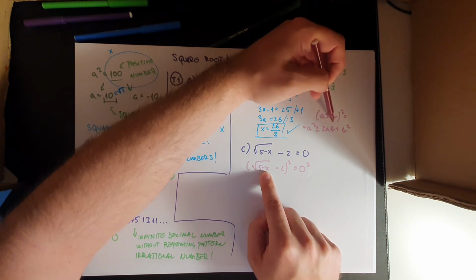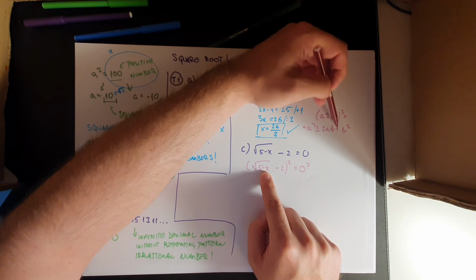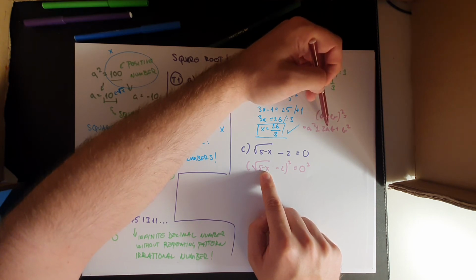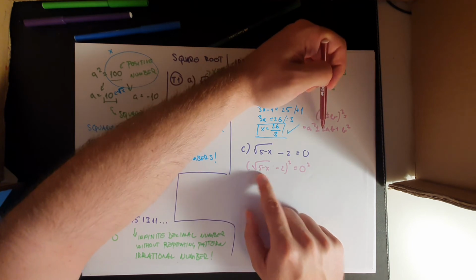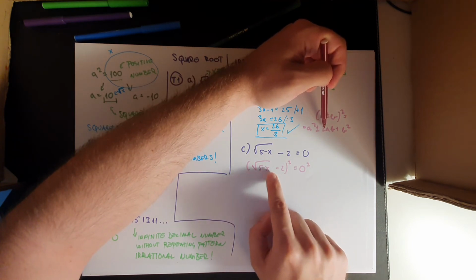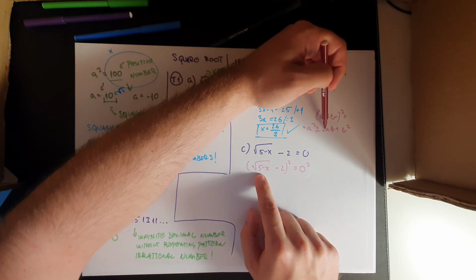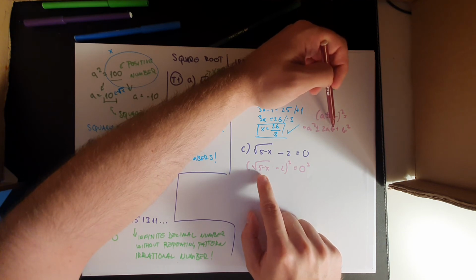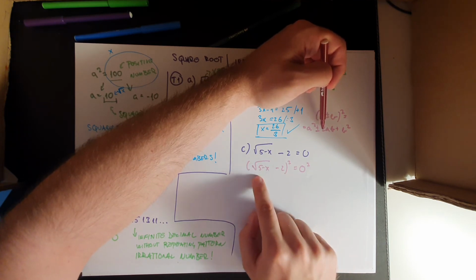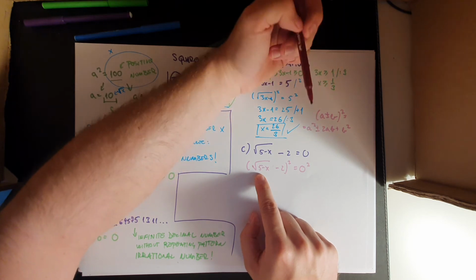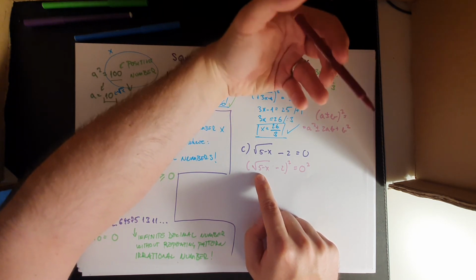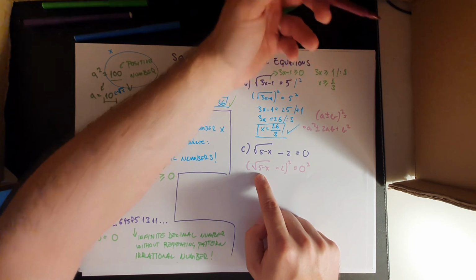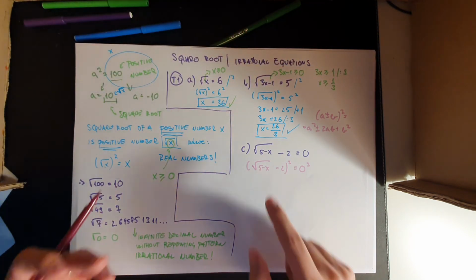But in the middle part is where things don't work out as they should. Because we're going to get minus 2 times the a, square root of 5 minus x, and times the b, which is 2. So 4 times the square root of 5 minus x. And the thing is, we didn't get rid of the root. And we want to get rid of the root, like in examples A and B, where we got rid of the root.